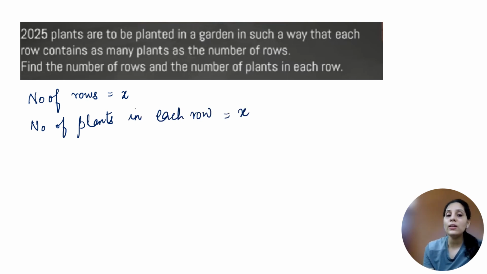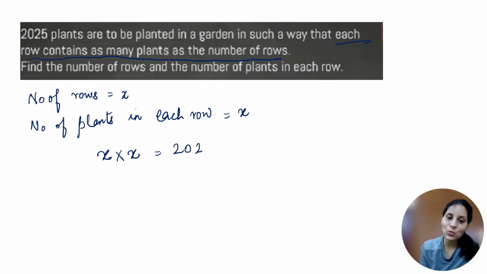See here it is given that each row contains as many plants as the number of rows. That means the number of plants in each row is the same as the number of rows. So 2025 is the total number of plants. So how do I get the total? Number of rows into number of plants in each row is equal to 2025.